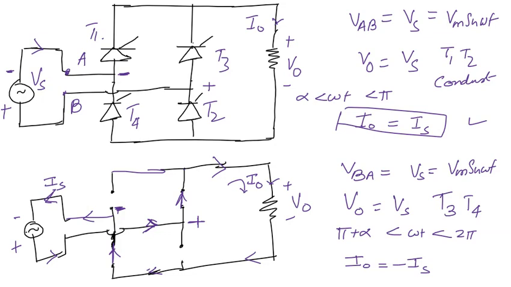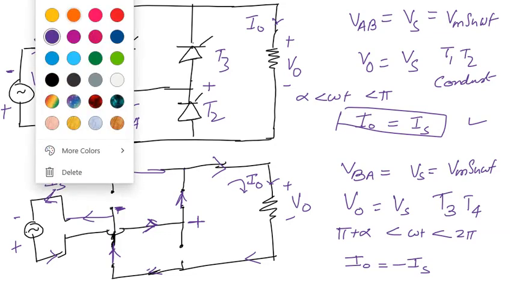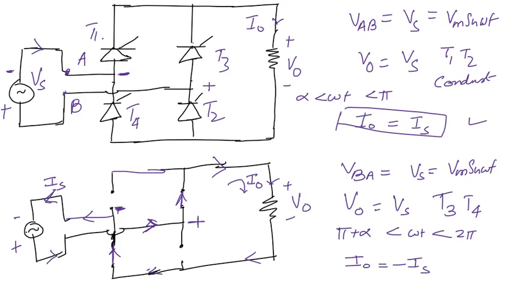In this period, I will assume that this is my VT1, so this is my positive and this is my negative. Let us check how much voltage is experienced by our thyristor 1 when it is off.